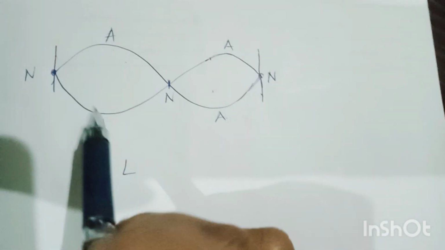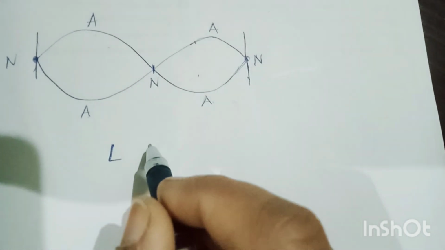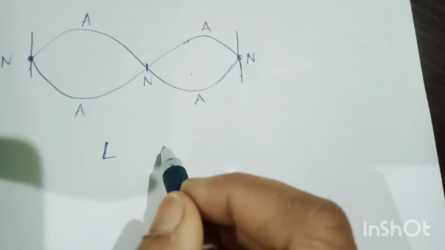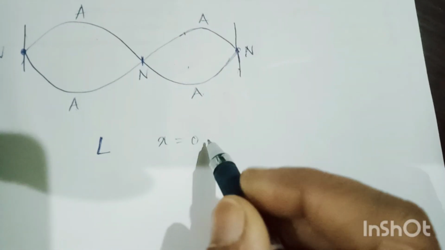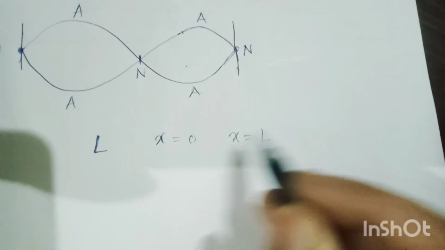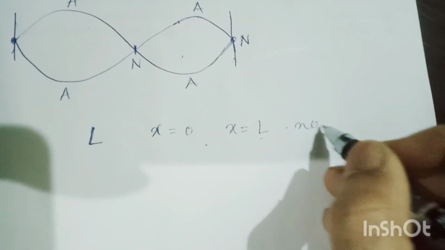If the length of the string is L, that means this is a string. Then we get nodes at x equal to 0 and x equal to L. These are the node conditions.